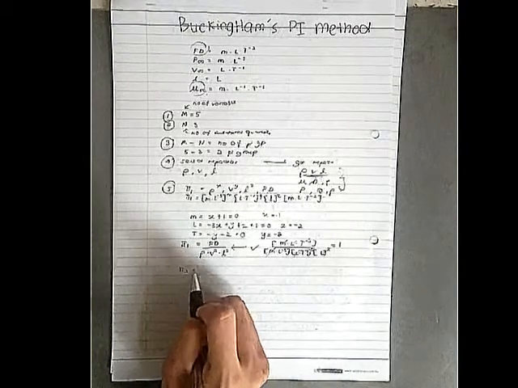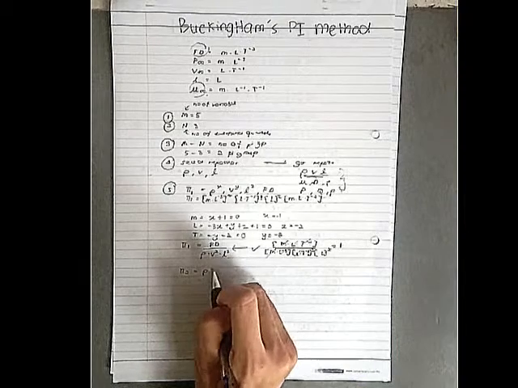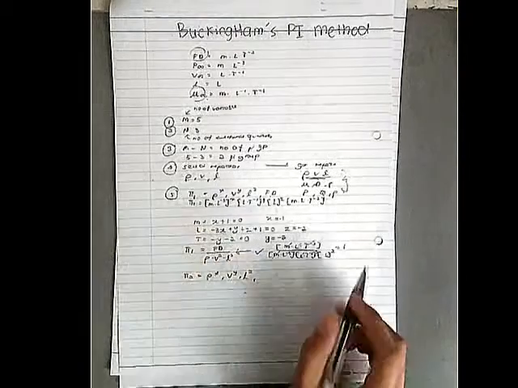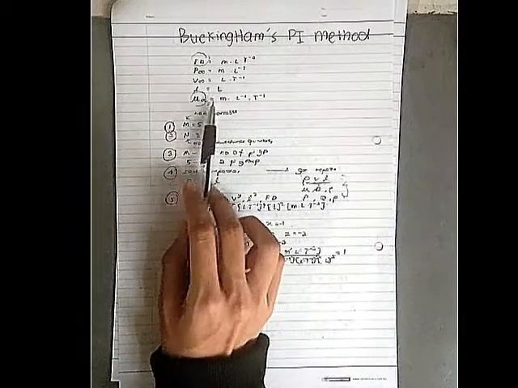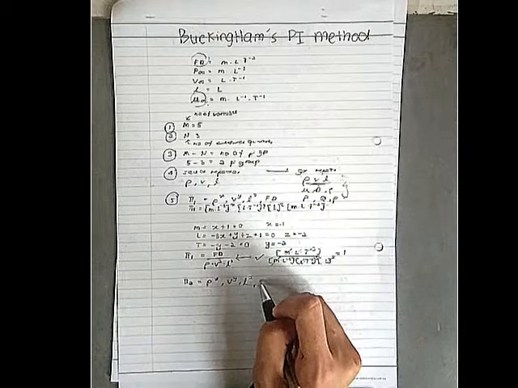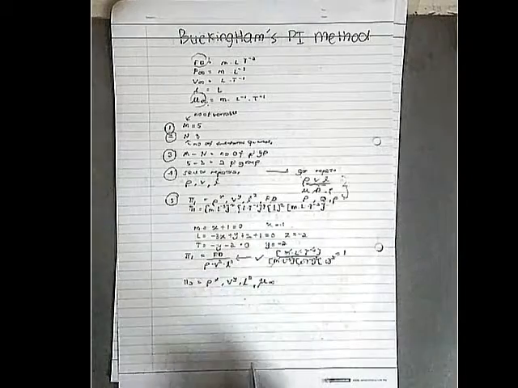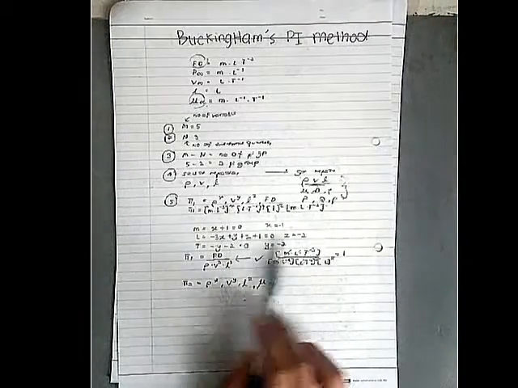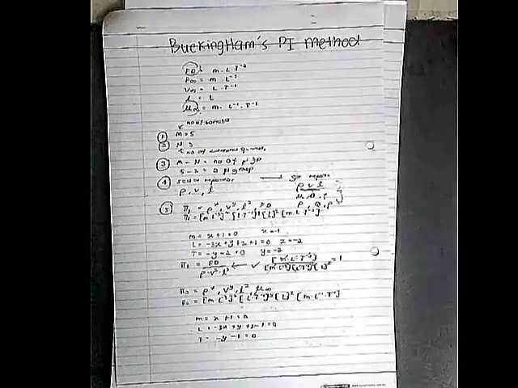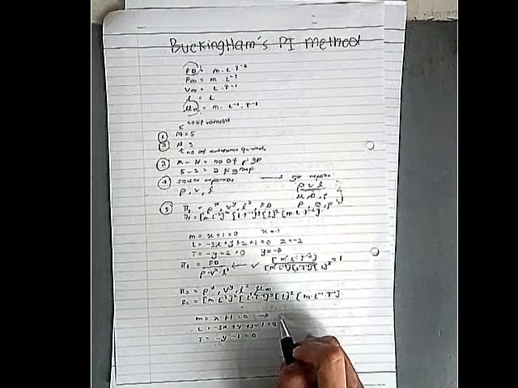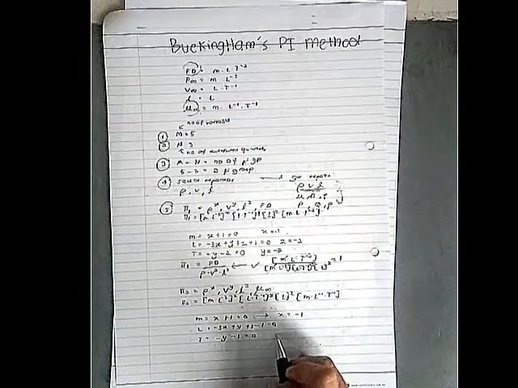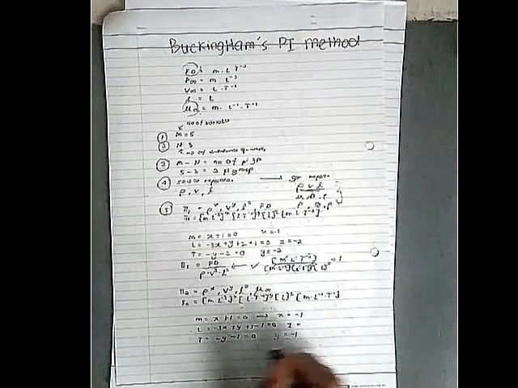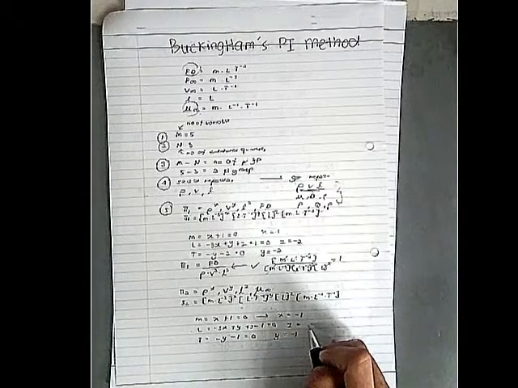For pi 2, we use the same method, but we already used the force, which we had not picked as a repeater, right? So viscosity is left, so just put viscosity here. Then we do it the same way. From here we get x is equal to negative 1, y is equal to negative 1, and z, after you substitute and calculate, is also negative 1.